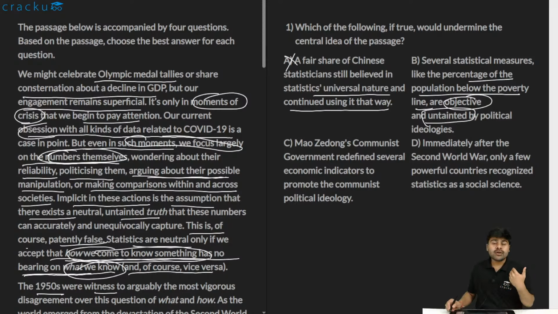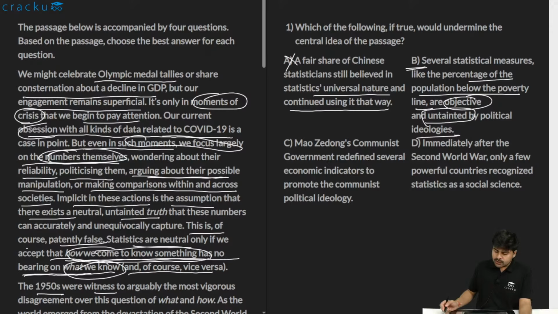They might be trying to push a policy through. So this goes against the passage because it portrays statistics as objective, whereas the passage is very clear that statistics is not objective. So this can be our answer.